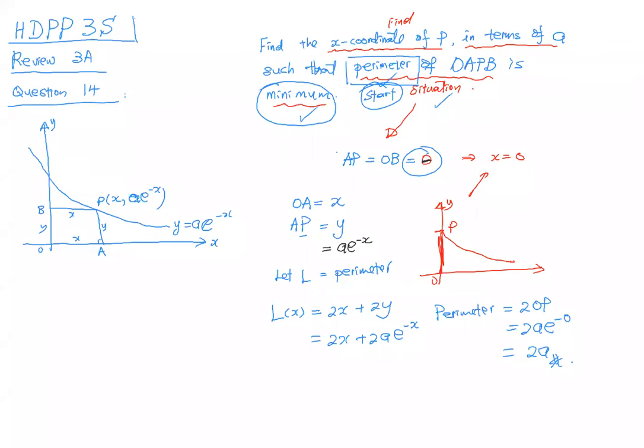You memorized by heart, no? Okay, if I want to find minimum or maximum, I make sure I have my L(x), or L prime x. Then I put L prime x equal to 0. So if I ask you a question like that, why do you need to find the rate of change function in order for you to find the x coordinate of P that will result in perimeter OABP being minimum?